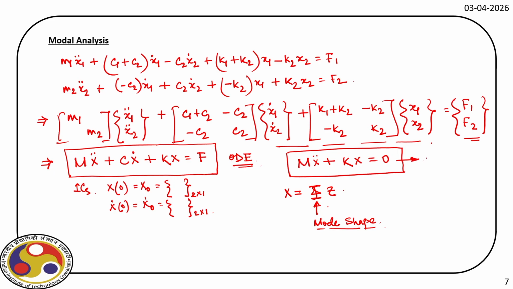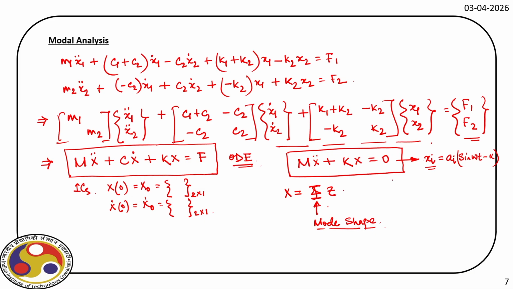So if xi is the ith degree of freedom, for that we have ai sine omega t minus alpha. That is the trial solution.